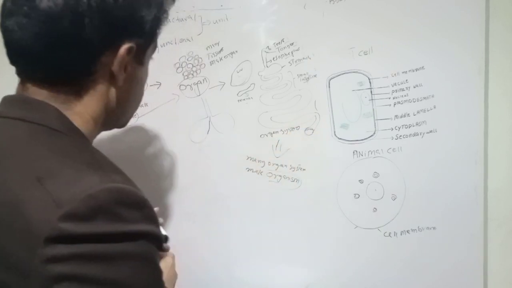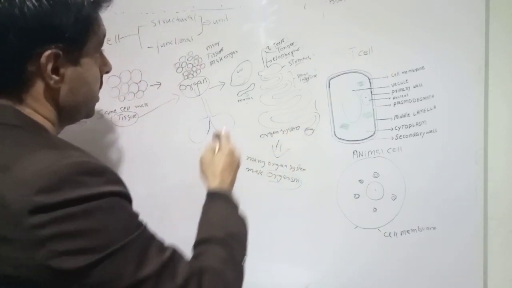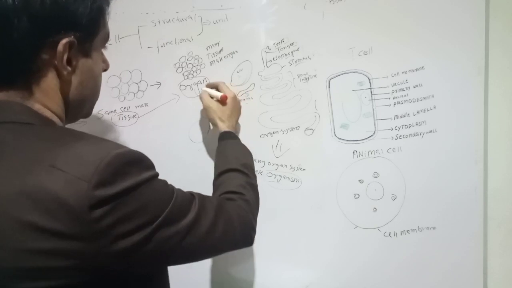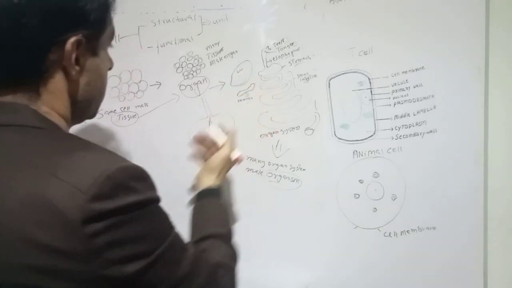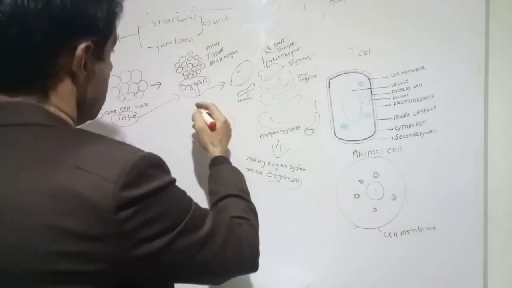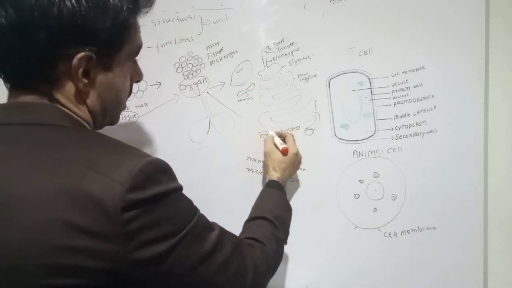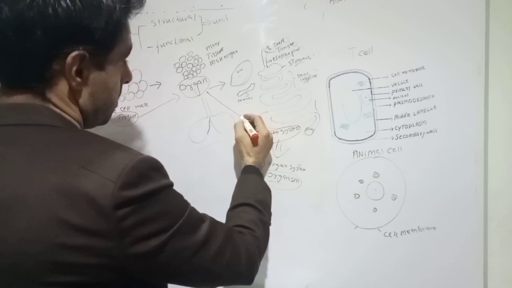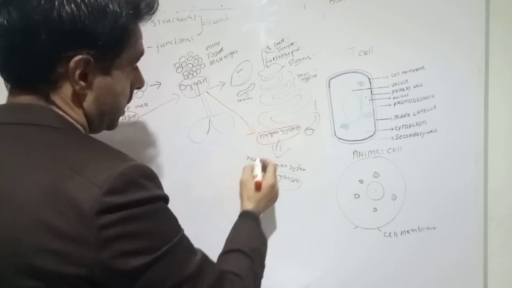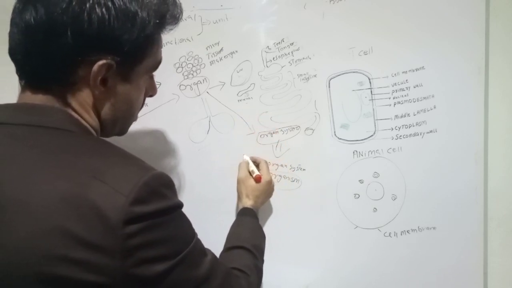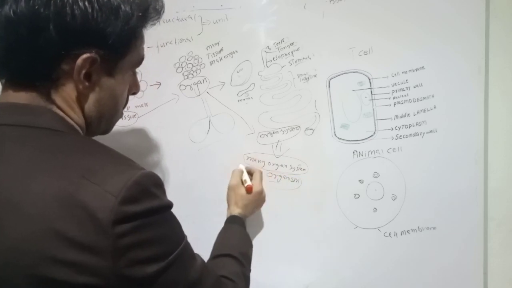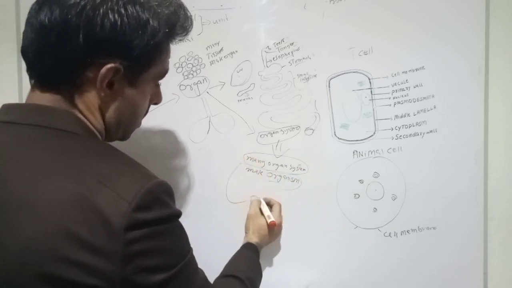Organs like liver, lungs, etc. Now these organs make organ systems, and many organ systems make an organism.